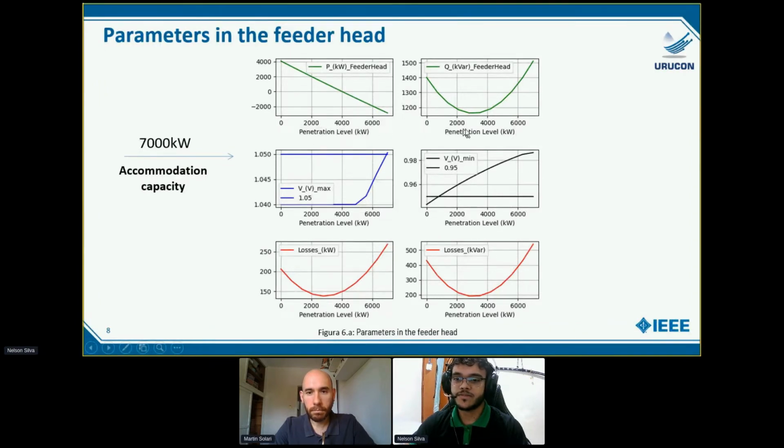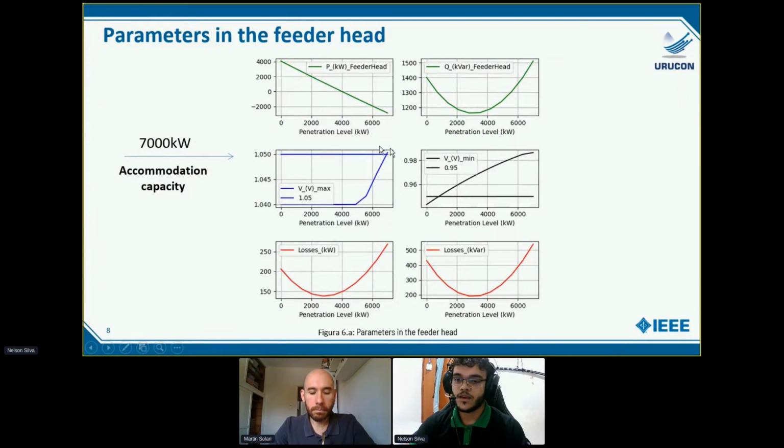In this first row, we can see the variation of the powers. The active power tends to decrease along the time, although the reactive power, after a certain point, tends to increase due to reactive compensation. If you observe, after a specific penetration, a reverse flow begins to arrive at the feeder head. Remember that the DG supplies only active power.